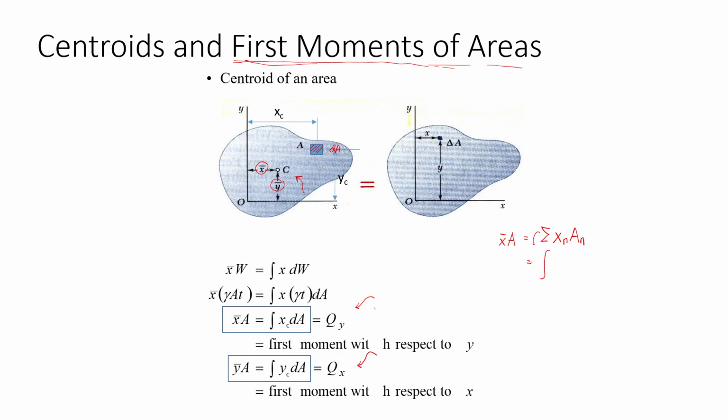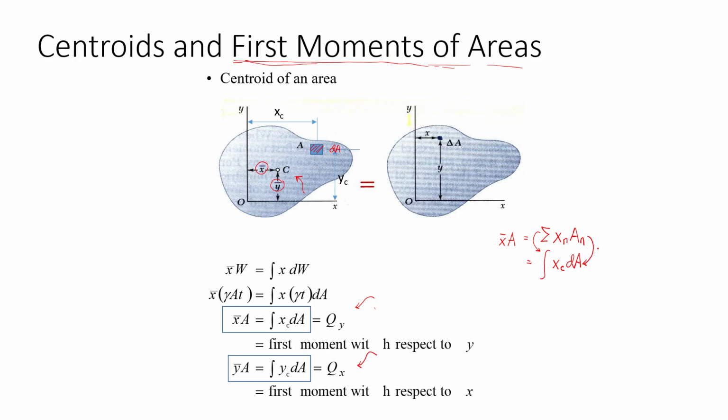So the summation translates into the integral symbol, and then x sub n will be your x sub c. And again, since the shape is now coming from an irregular shape figure, your A sub n becomes the differential area.